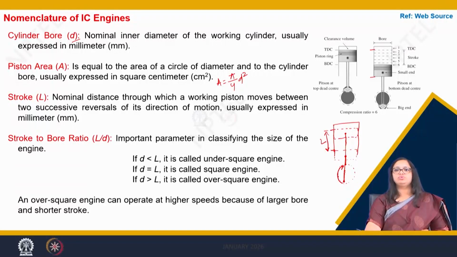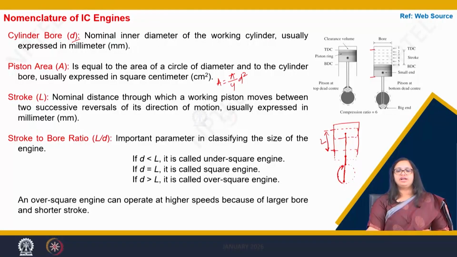However, in 2-stroke, there will be 2 processes. In the subsequent lecture, I will be talking about what the different processes are. But in this lecture, I will only be making you acquainted with the terminologies that we would be using in the subsequent lectures.